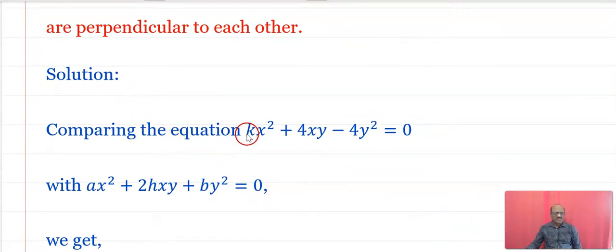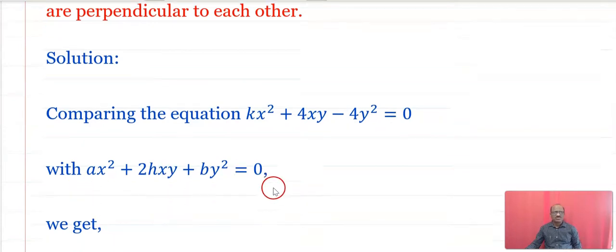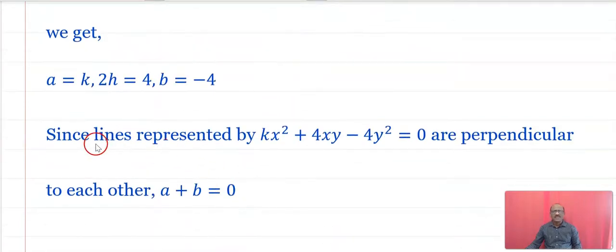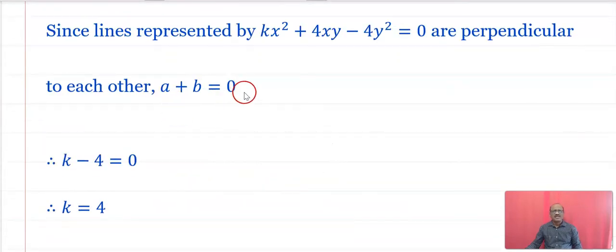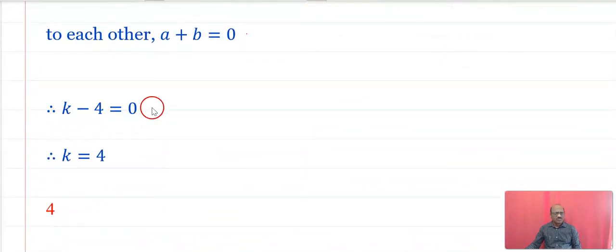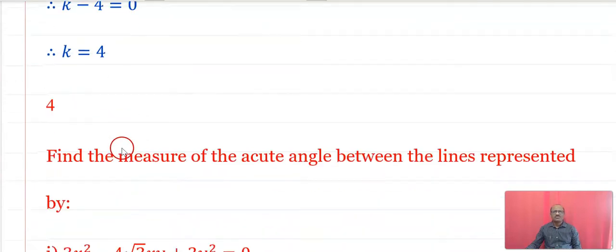Comparing kx square plus 4xy minus 4y square equals 0 with ax square plus 2hxy plus by square equals 0, we get a equals k, 2h equals 4 and b equals minus 4. Since the lines are perpendicular to each other, a plus b equals 0. It means that a is k, b is minus 4, k minus 4 equals 0. Therefore, k equals 4.